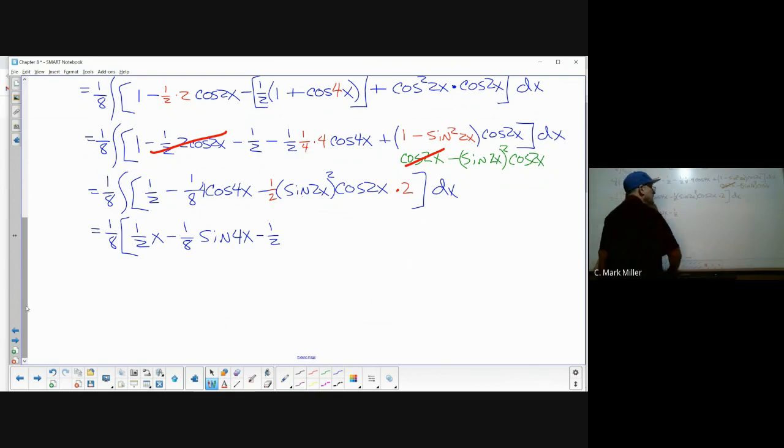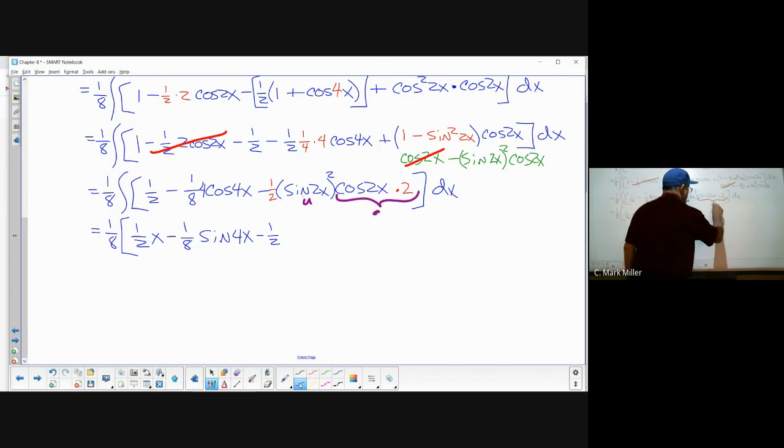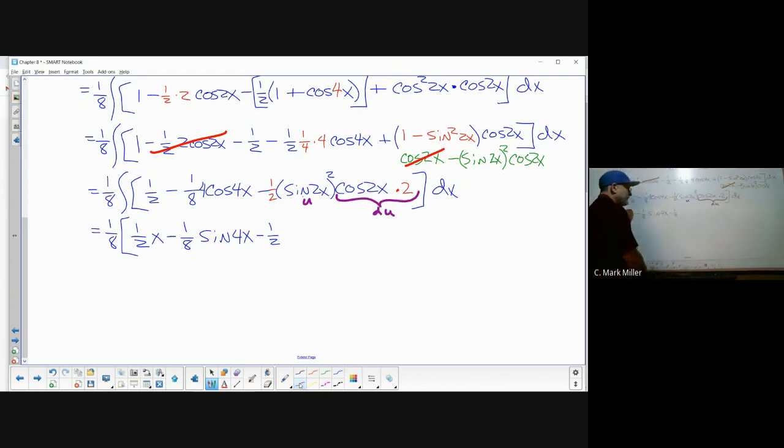So if that's u, all of this is du. So that's going to be sine cubed over 3. So now I have a 1/3 times sine 2x cubed.